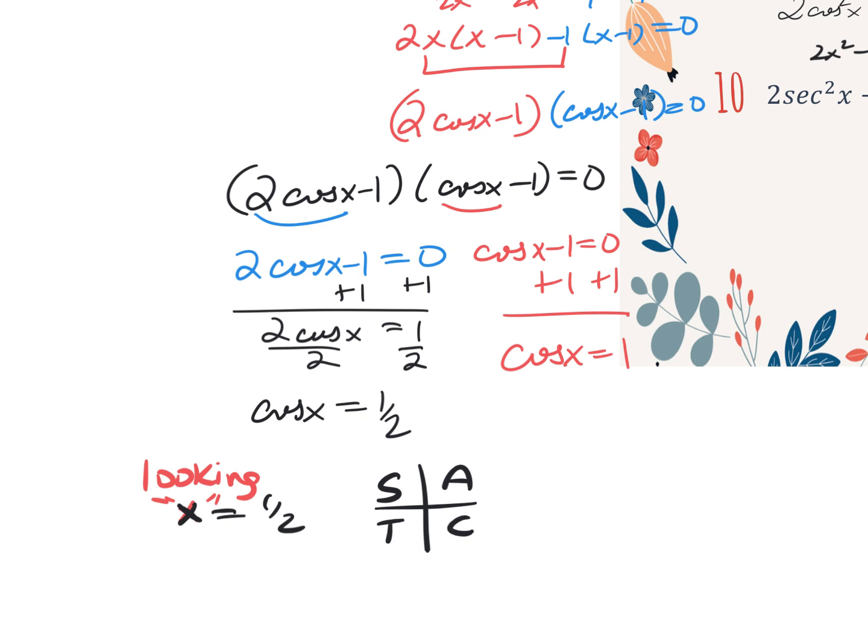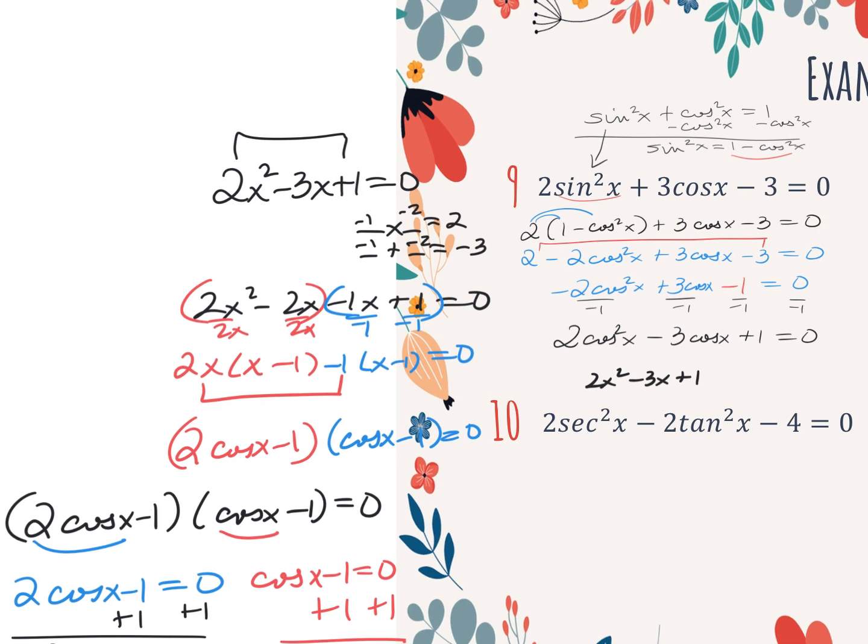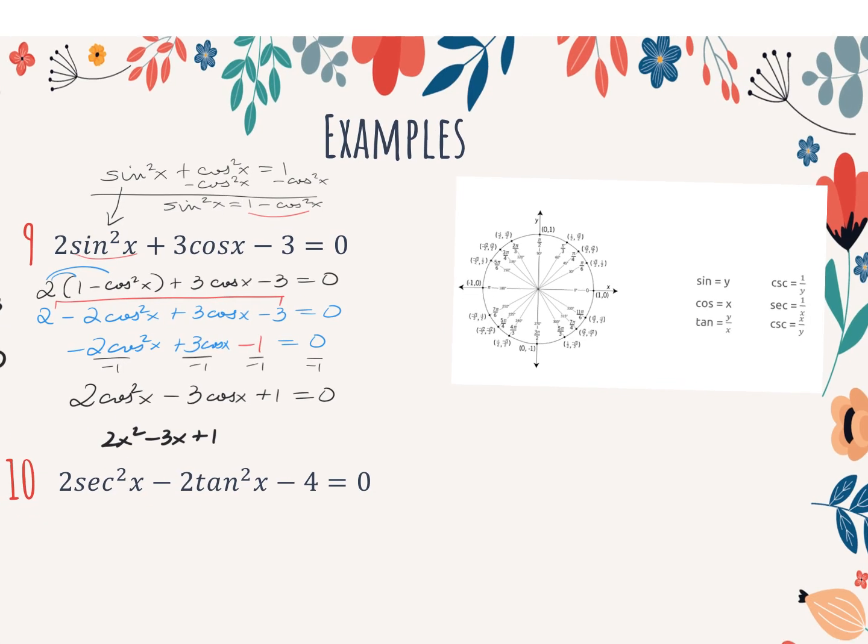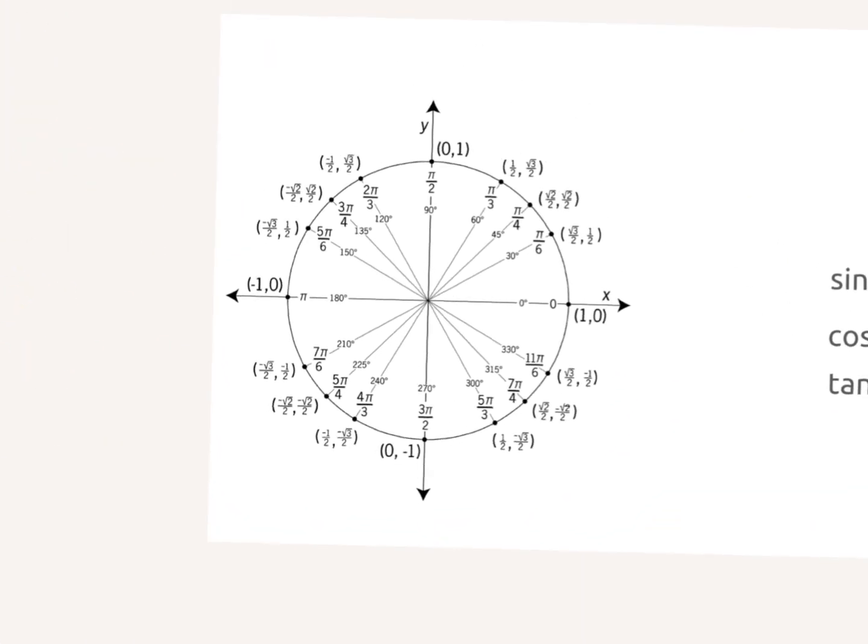So I'm looking for cosine to be positive here and here. So I'm looking for an x of my ordered pairs to be 1/2. So if I go over and look at my unit circle here, and I look in quadrant 1 and 4, I can see that x is equal to 1/2 right here and right here. So these would be my answers.